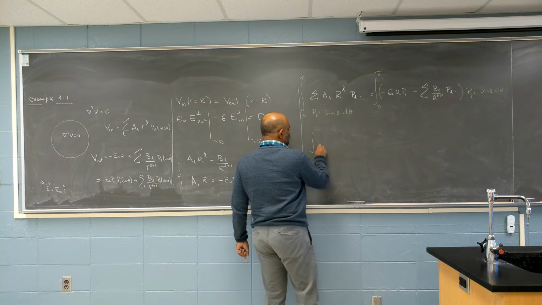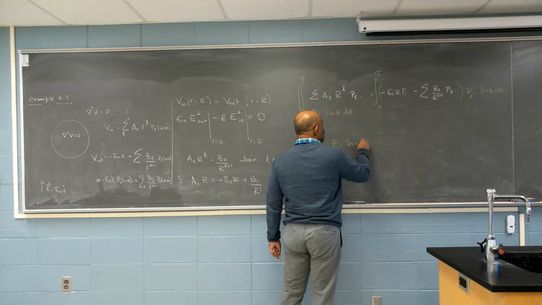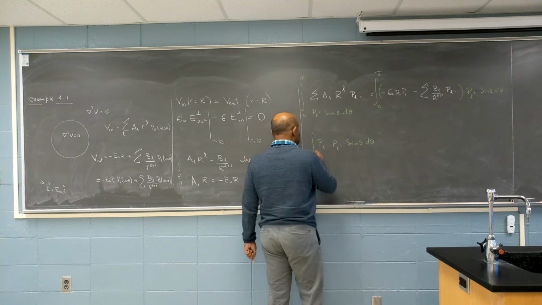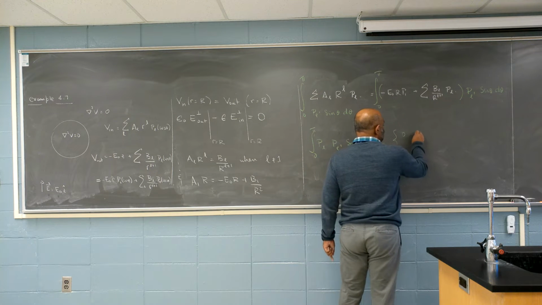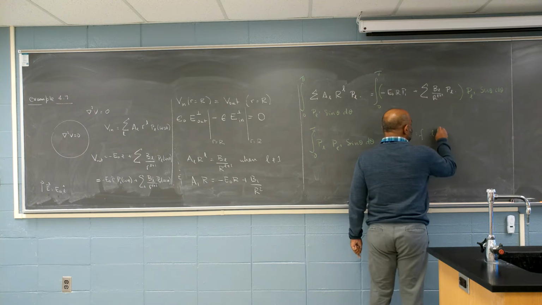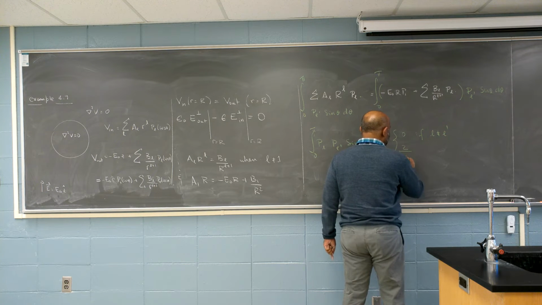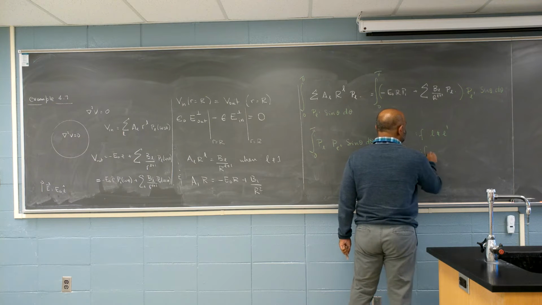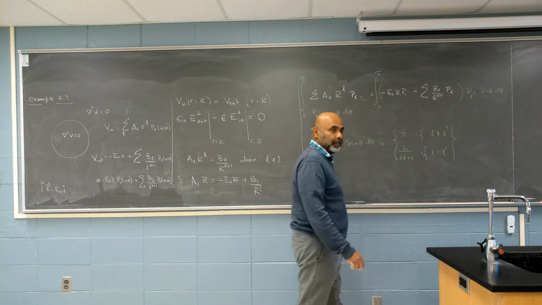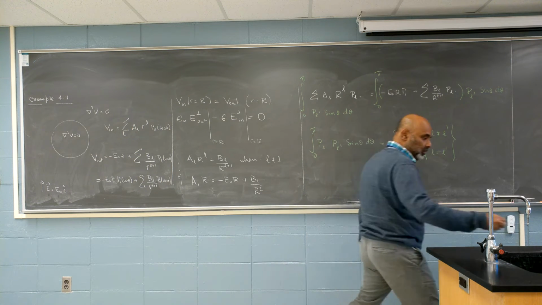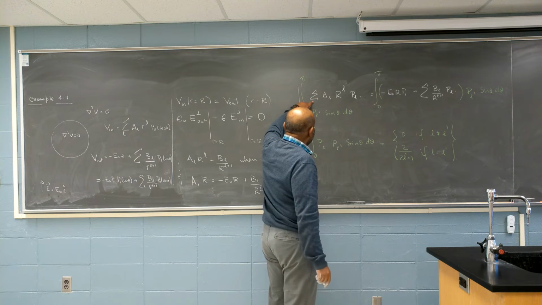What is this? The integral of PL PL prime sine theta d theta from 0 to pi. This is equal to 0 if L is not equal to L prime. It's equal to 2 over 2L prime plus 1 if L is equal to L prime. Happy? I can stop using green. So over here, what am I going to get?